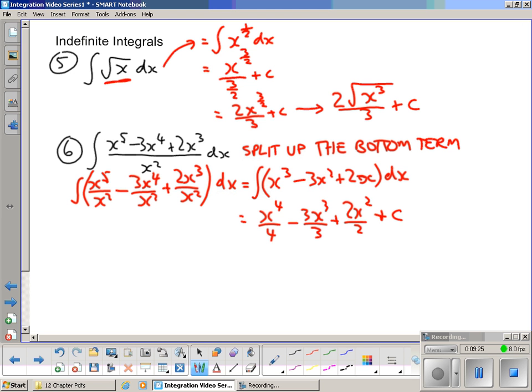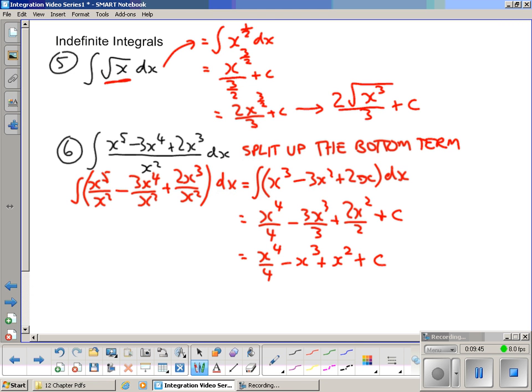And we'll just neaten this up, do a bit of housekeeping here. I think we're quite fine with x to the 4 on 4. Now these 3's will cancel out and we end up with just minus x cubed. Our 2's will cancel, leaving us with x squared plus c. That's the simplest version of our answer there.